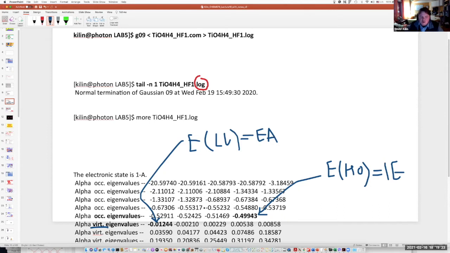So if this orbital is low enough, then it will be energetically favorable to bring an electron to chemically reduce the model. So it has affinity to accept electrons. If the energy of this level is high enough, then bringing an additional electron only increases the total energy of the system, which means the system does not want to accept an extra electron, so it doesn't have affinity.